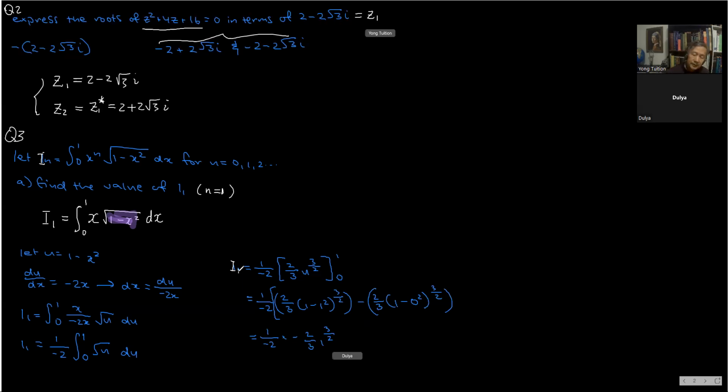I think so. Yeah. The base is 1. No matter what index is, it's 1. Yeah. Very good.